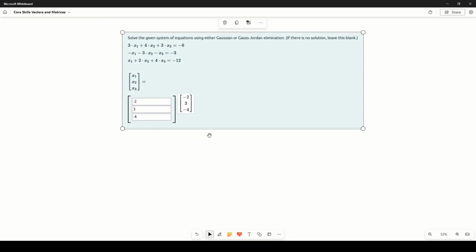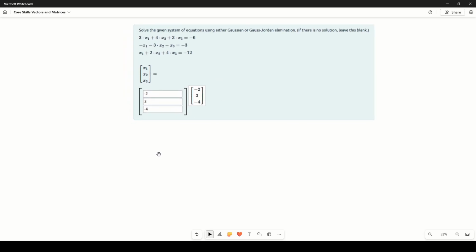Solve the given system of equations using either Gaussian or Gauss-Jordan elimination. And this one, it might initially be unclear. How do you apply this to matrices, or vectors, or what?